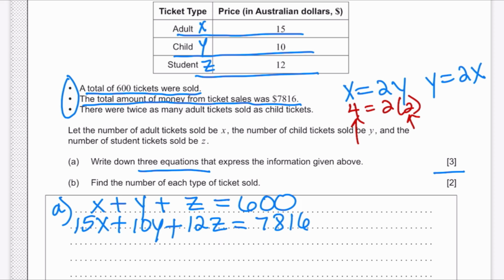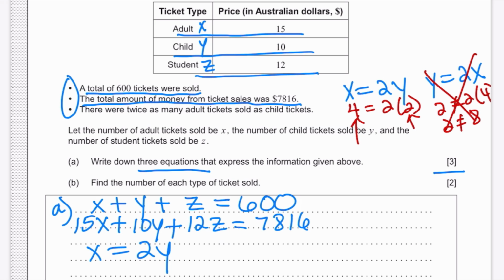So if I sold 2 children's, that means that I would have sold 4 adults. And that would have meant that 2 equals 8. And 2 does not equal 8. So that doesn't make sense. So this is actually going to be my final equation. X is equal to 2y. There were twice as many adult tickets as child tickets.